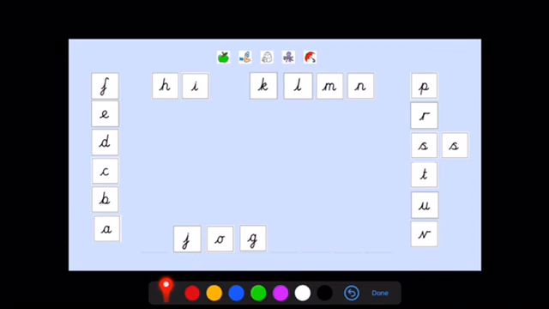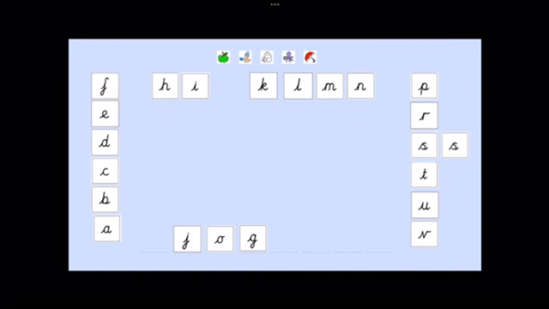There are, of course, some exceptions to the rule.